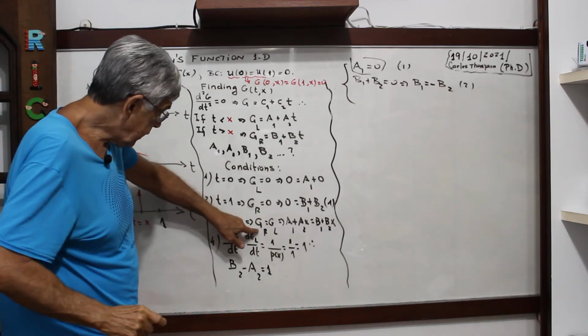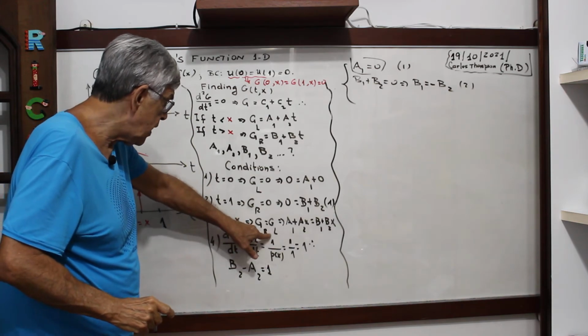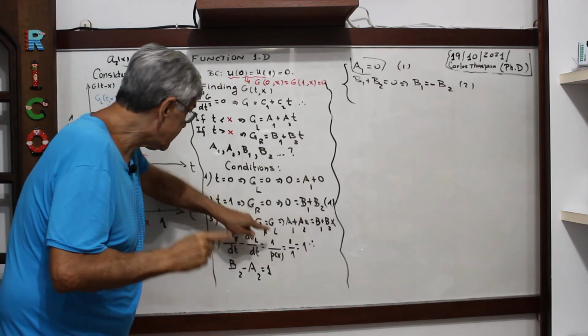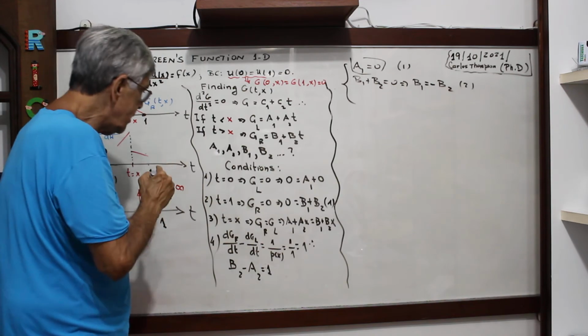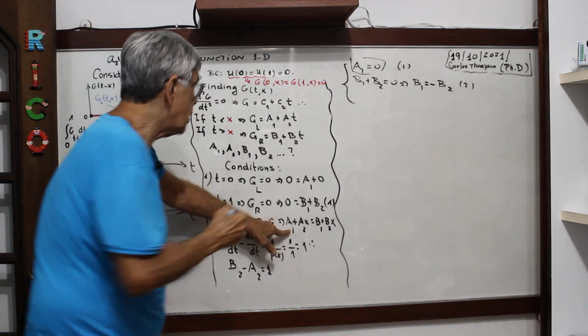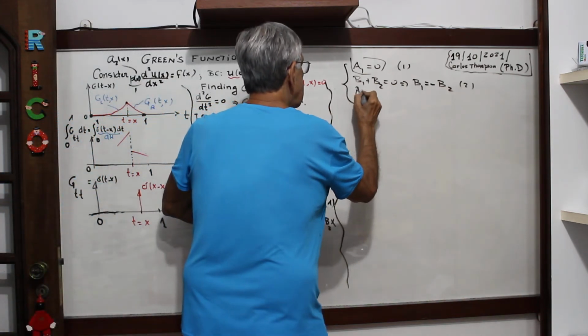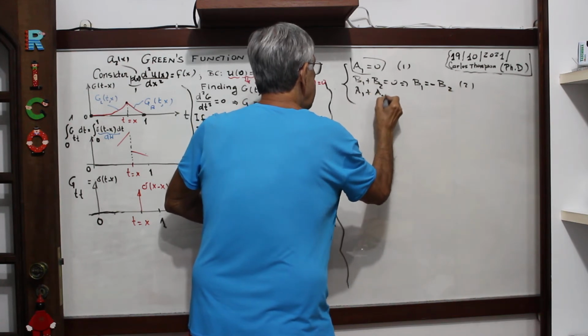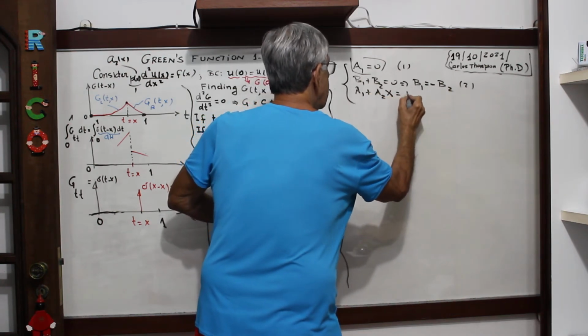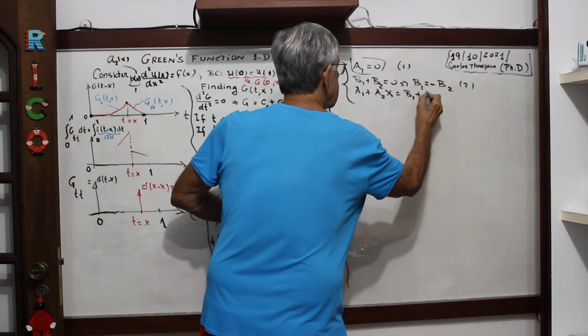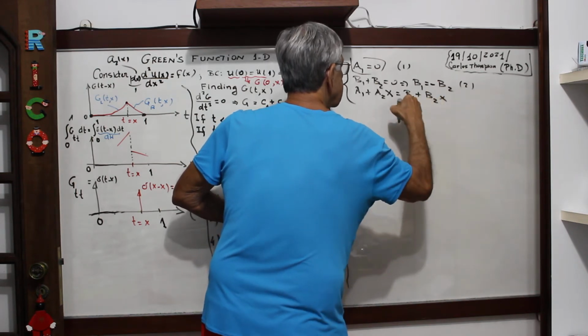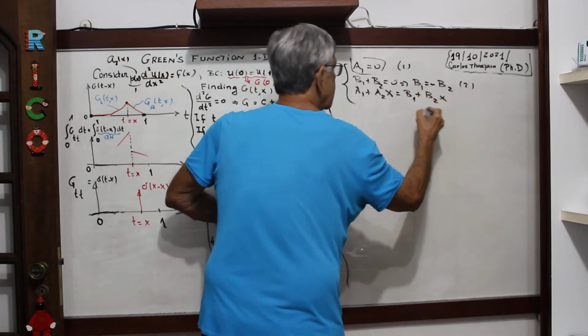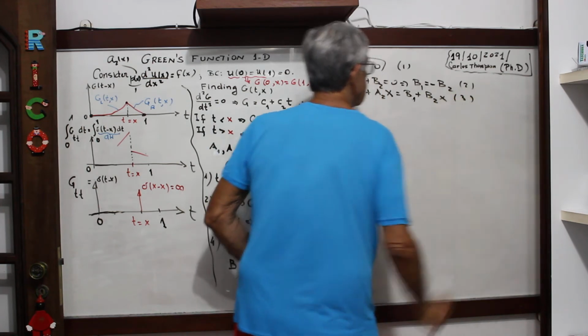So GR is equal GL at t equal x. I'll write down A1 plus A2 x is equal B1 plus B2 x. That's the third condition.